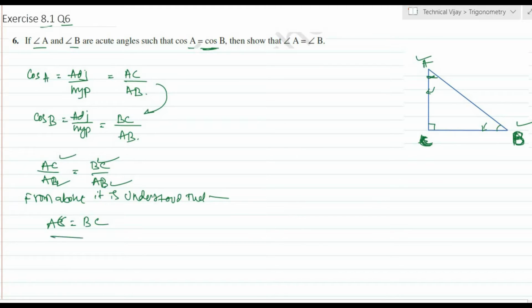The length of this side is equal to the length of this side. In an isosceles triangle, if two sides are equal, then the angles opposite them are also equal. Hence angle A is equal to angle B.